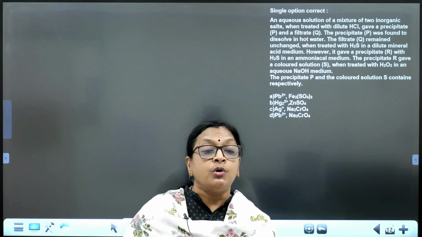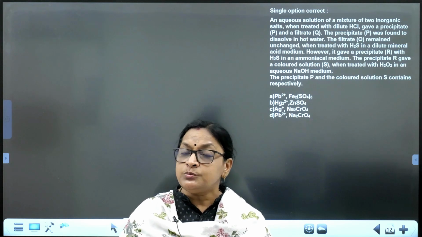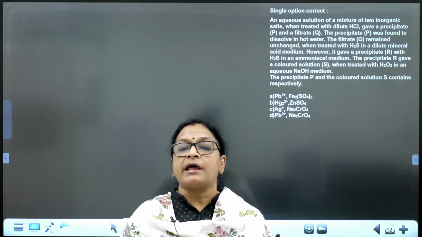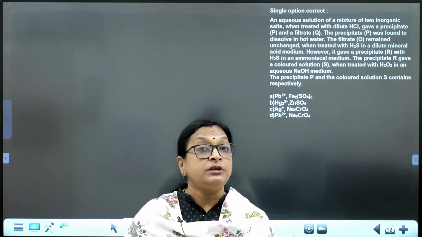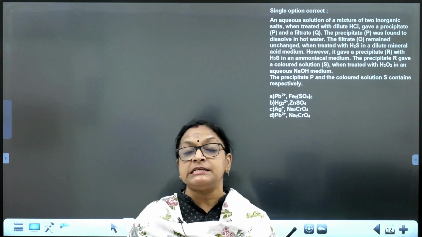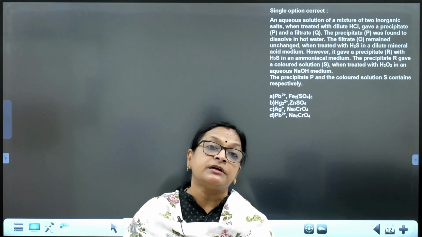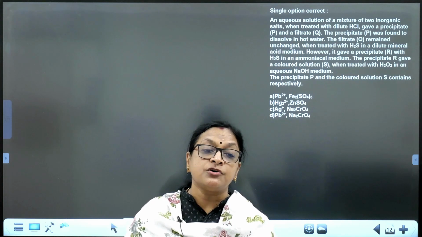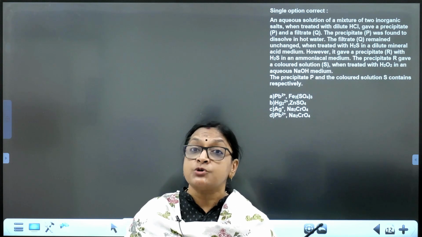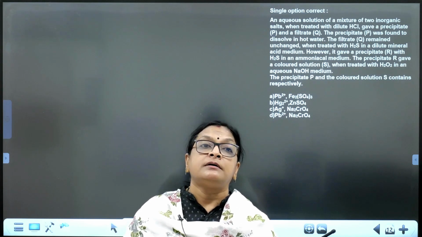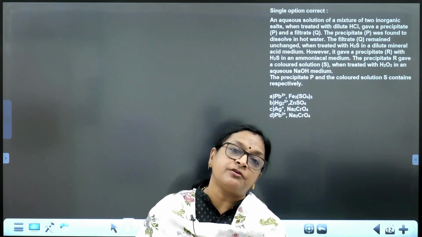Now the clue: the precipitate P was found to dissolve in hot water. Now it's very clear that it is lead chloride which dissolves in hot water. AgCl will not dissolve in hot water. AgCl in fact dissolves in ammoniacal solution, producing the soluble ammoniacal Ag+ complex. It is soluble in ammonium hydroxide solution.